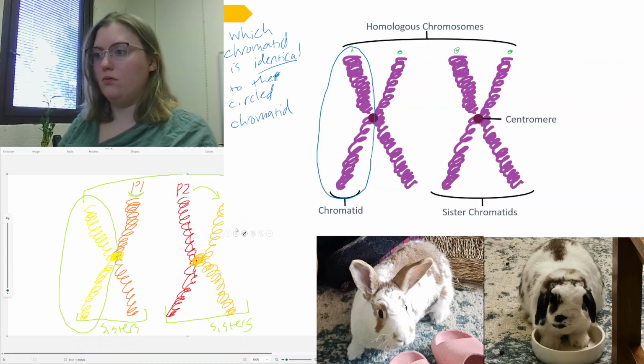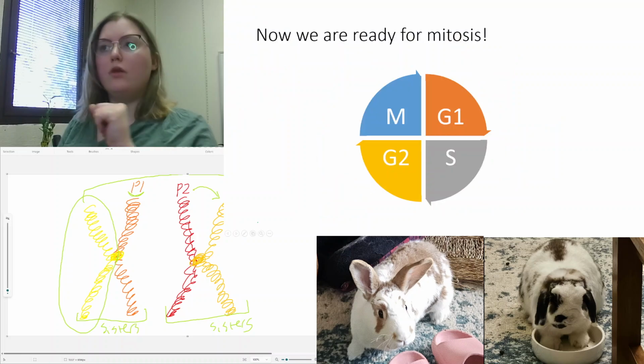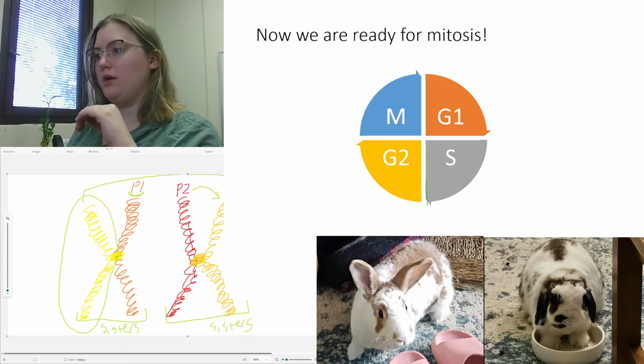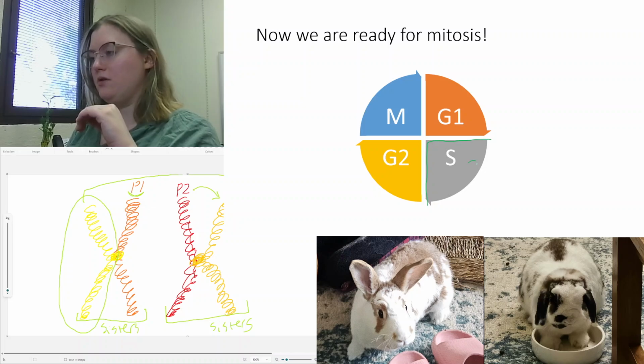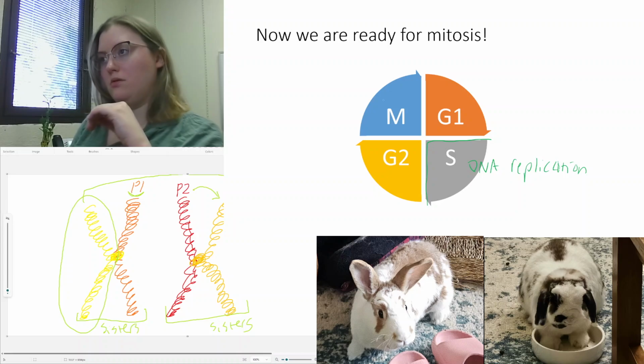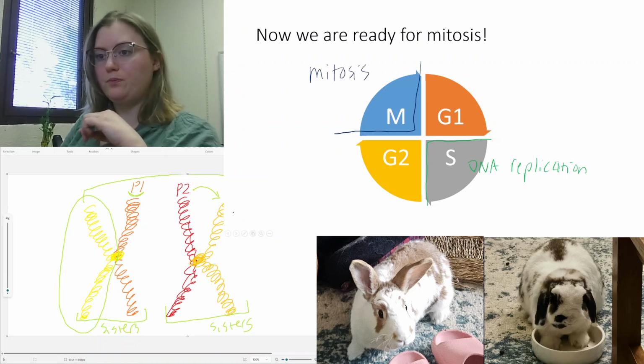I do want to just make one more reminder. Actually, we'll move on. Okay, so now we're ready for mitosis, right? So we were previously in the S phase where we were replicating DNA. Now we are in the M phase where we are undergoing mitosis. Okay.